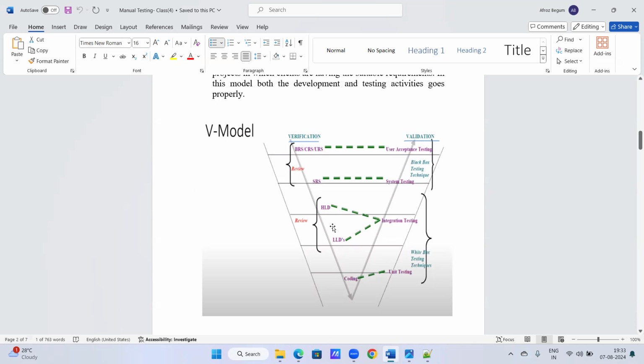So their own team tests the documents. Static means we are not exactly testing the software. So review, walkthrough, inspection come under static testing techniques. We can test the documents by review, by walkthrough, by inspection.